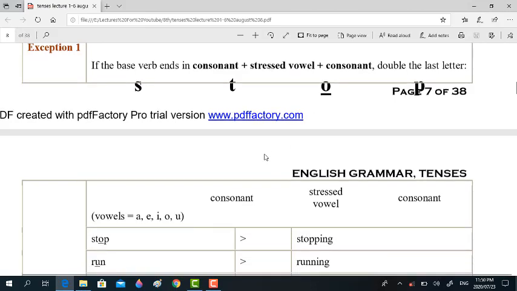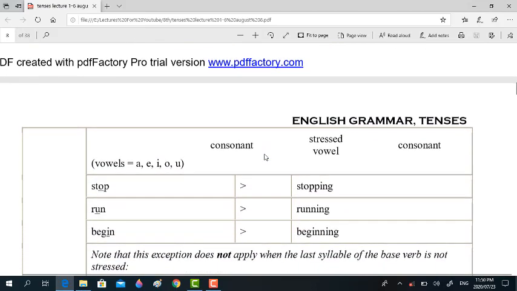For example, vowels are A, E, I, O, U. These are vowels. They make 20 vowel sounds, including short vowels, long vowels, diphthongs and triphthongs. I'm not going to make you all confused, right? Consonant, stressed vowel and consonant.